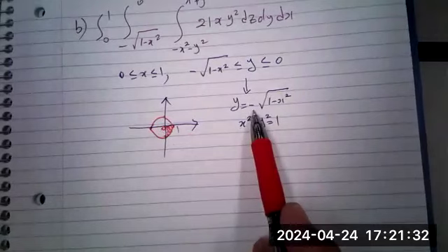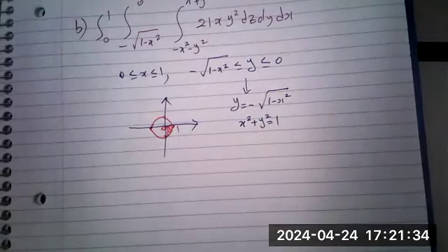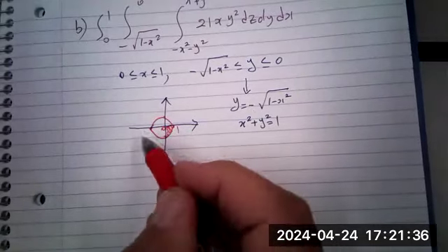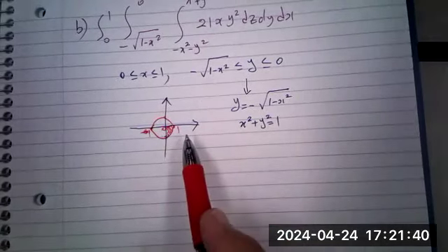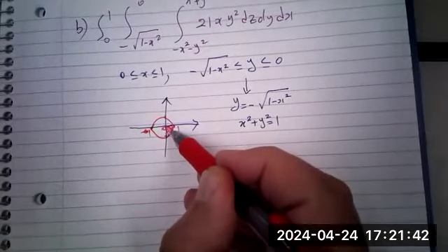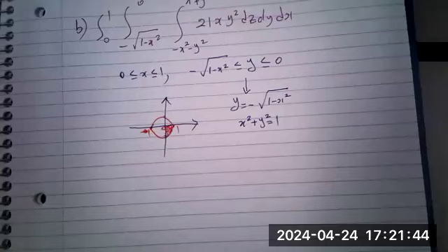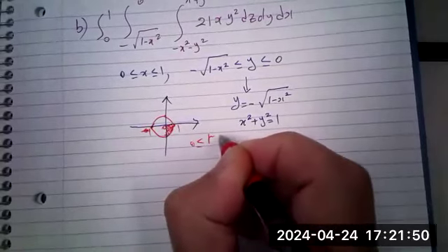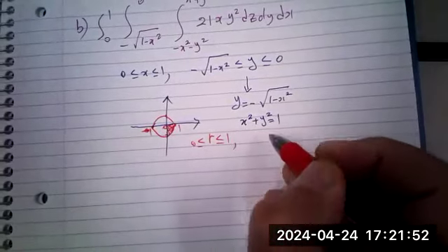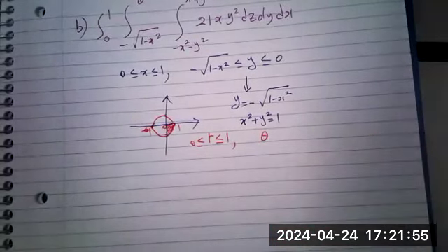So it's the bottom semicircle, and this is negative 1. You want it between 0 and 1, so you have to pick this part. That's a little bit tricky. So your r is just the radius, between 0 and 1. The important part is going to be what your theta is to get this part.